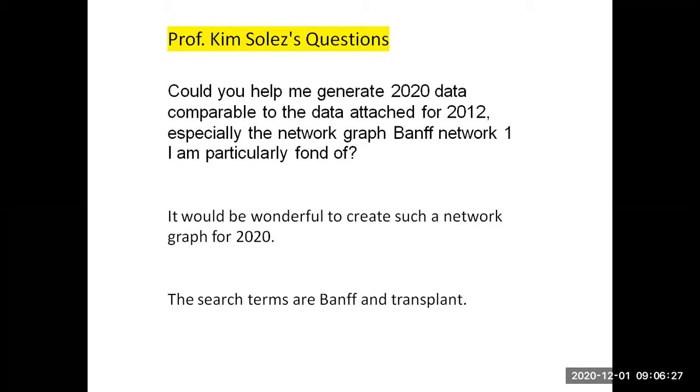That was the main focus. So he said that it would be wonderful to create such a network graph for 2020 and whether we could help him with that. So the key terms are Banff and transplant. It's a specialty in medicine. I'm not a medical person, but I learned something from this work. So I'm very happy and thankful to you, Kim, for asking this question.